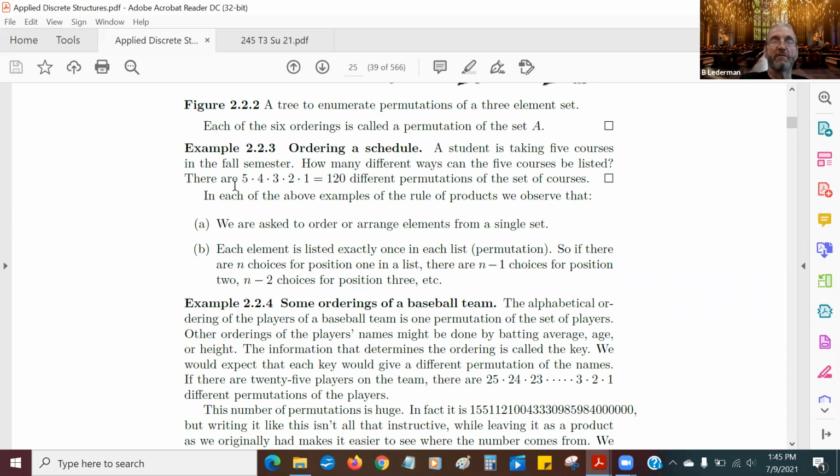There are 5 possibilities for the first class. Once you choose the first class, there's only 4 left. Once you choose the second, there's only 3 left. Once you choose the third, there's only 2 left. And once you choose the fourth, there's only 1 left. So the last thing is always a 1. Anyway, there you go.